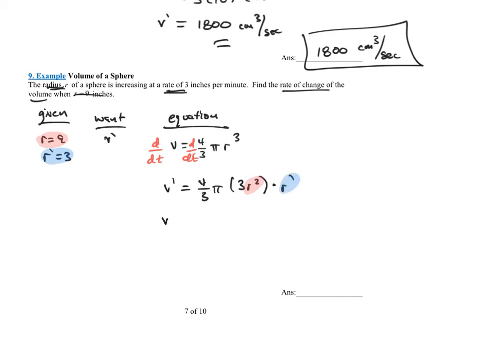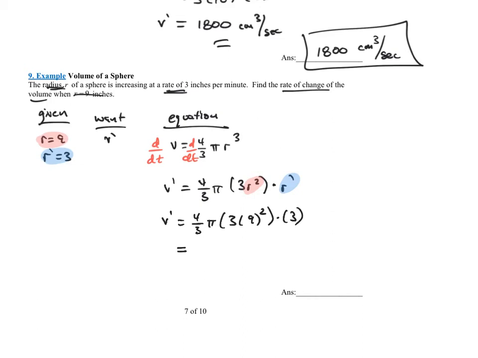So what would we have? We would have V prime equals 4/3 pi times 3 times 9 squared, times r prime, which is 3. I'm going to do a decimal approximation on this one. I don't need an exact answer. So in my calculator, I'm doing 4/3, putting in a pi there, times 3 times 9 squared times 3.